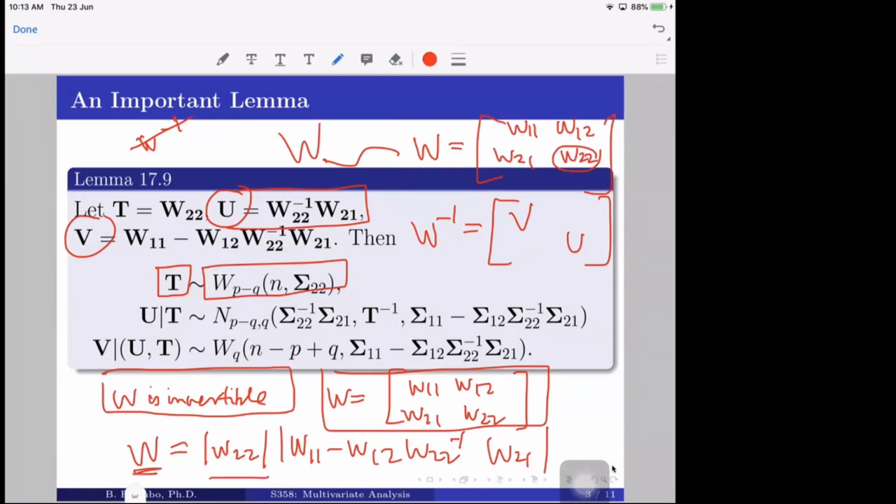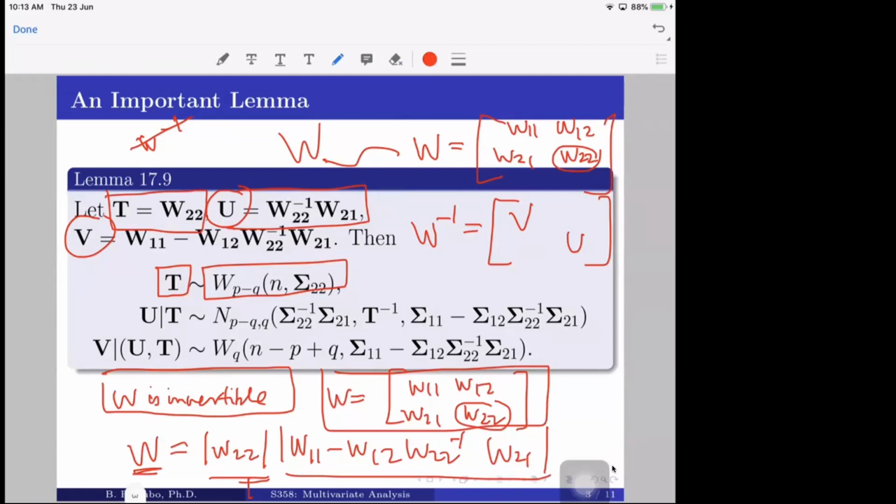So the determinant of W22, which is your T by notation, then times the determinant of W11 minus W12, W22 inverse, and W21.